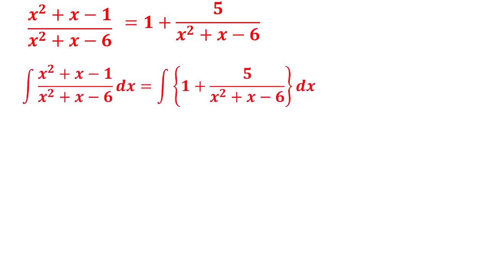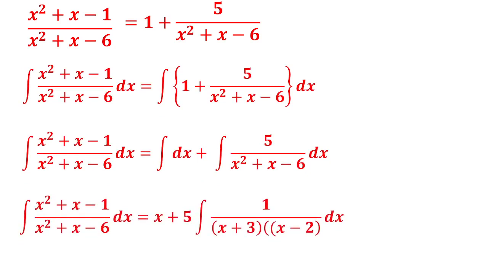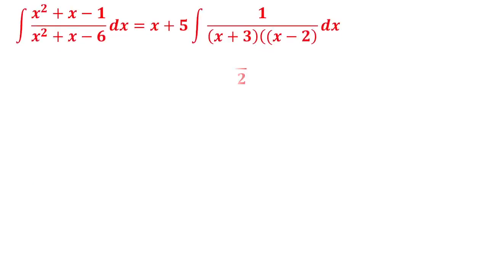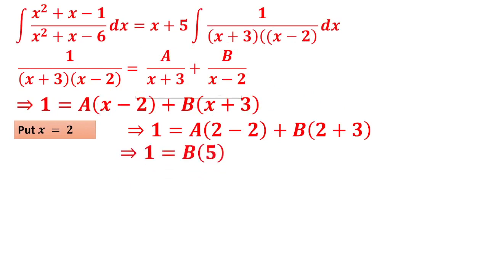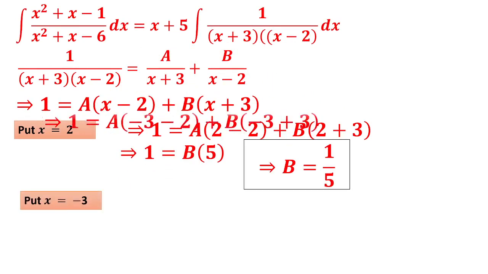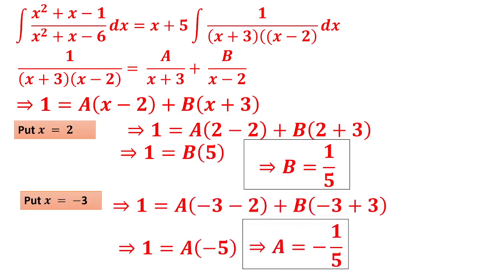Therefore, I have to integrate the right hand side. Very simple integration. The x square plus x minus 6 is x plus 3 into x minus 2. Now that can be done by partial fractions. I am finding the values of a and b. A is minus 1 by 5 and b is 1 by 5.